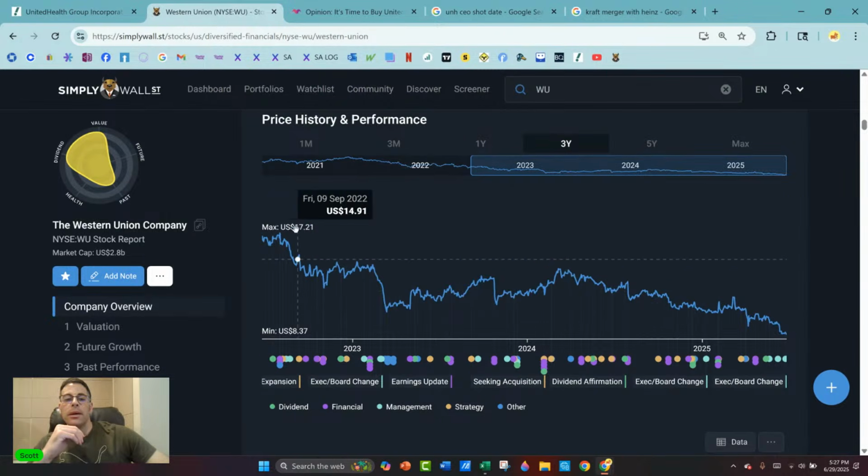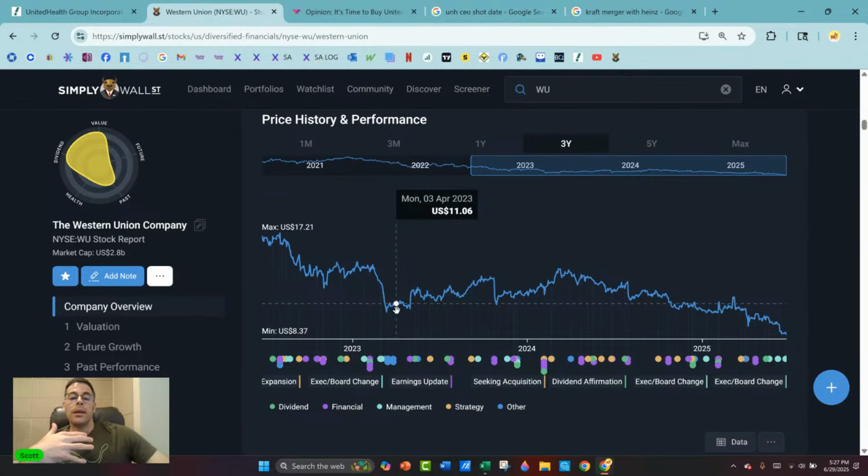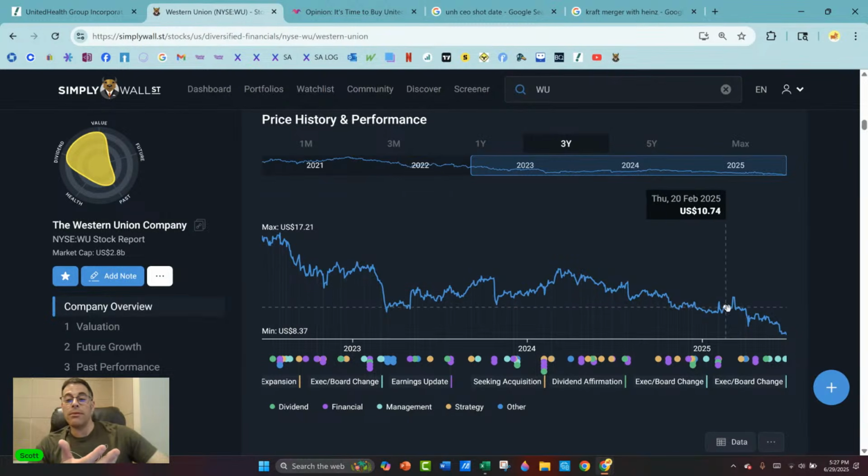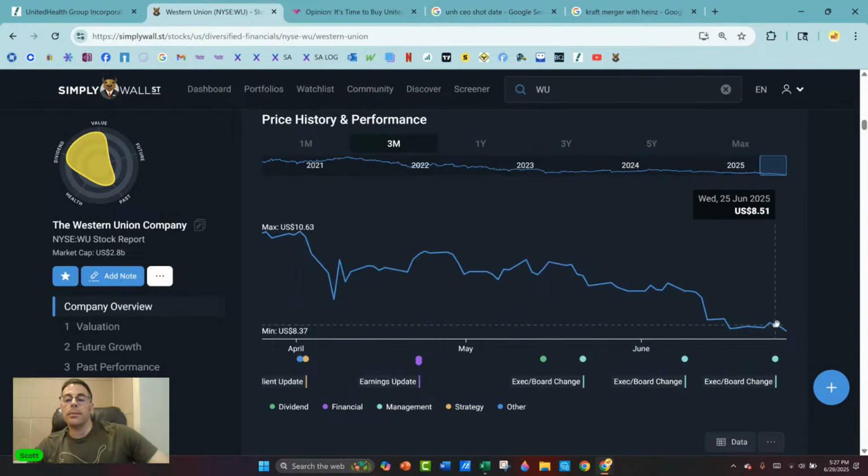I could see it at 17, and then you see this big drop to 11, and you probably think this is such a great deal. And it seemed like a good deal for a year and a half. You were up most of the time, but at some point there's just too much downward pressure, and then the stock comes down even more.